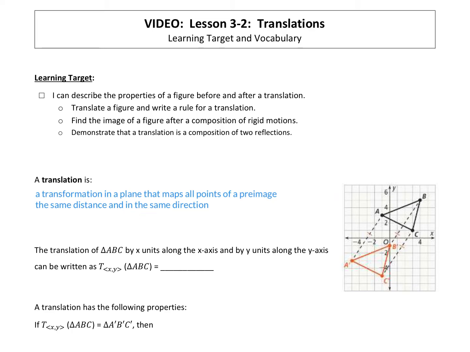So if we look at our example picture over here, here's our preimage, triangle ABC. You can see that the image points, A prime, B prime, and C prime, are the same distance away. A to A prime, B to B prime, C to C prime are all the same distance, and they're all in the same direction. So this is what a translation could look like in a coordinate plane.